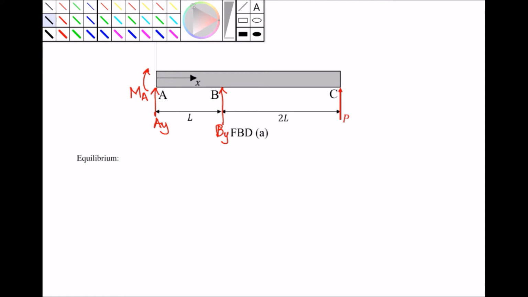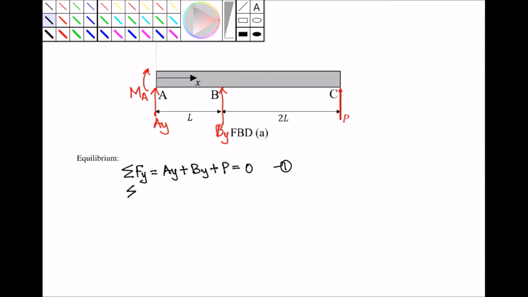Looking at the beam right now, we can write down the equations of equilibrium. The summation of forces in Y gives Ay plus By plus P equals 0. Let's call that equation 1.